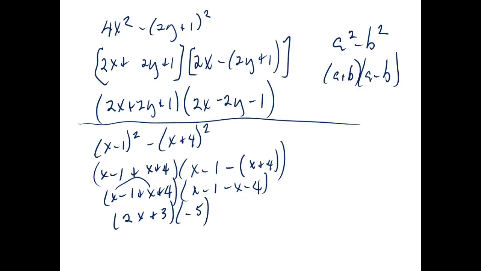If you had multiplied out this binomial squared, be it x squared minus 2x plus 1, minus, square that one, x squared plus 8x plus 16, you have an x squared minus x squared, they disappear, and you just have a linear form. Yeah, we almost should have expected that. Okay? A little tricky, but it's okay. Any questions on that? Make sense? All right, that was example 3.